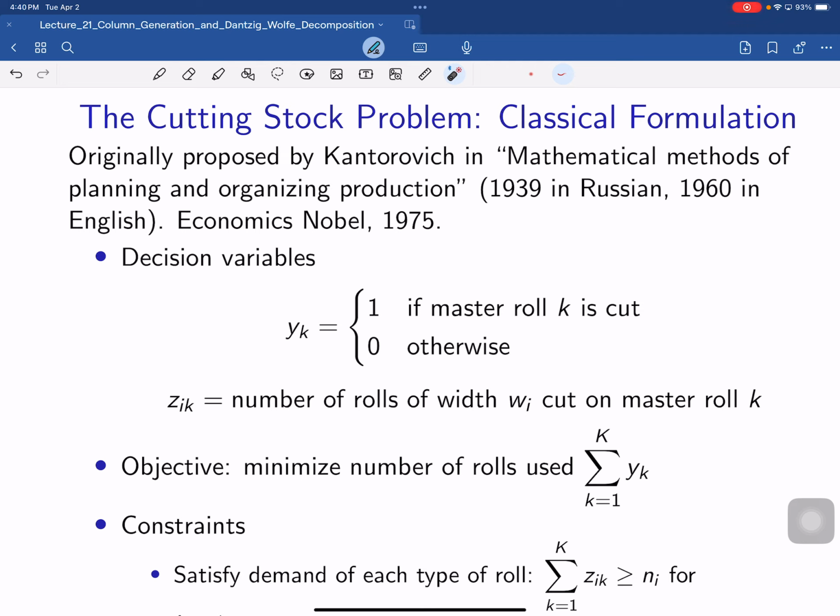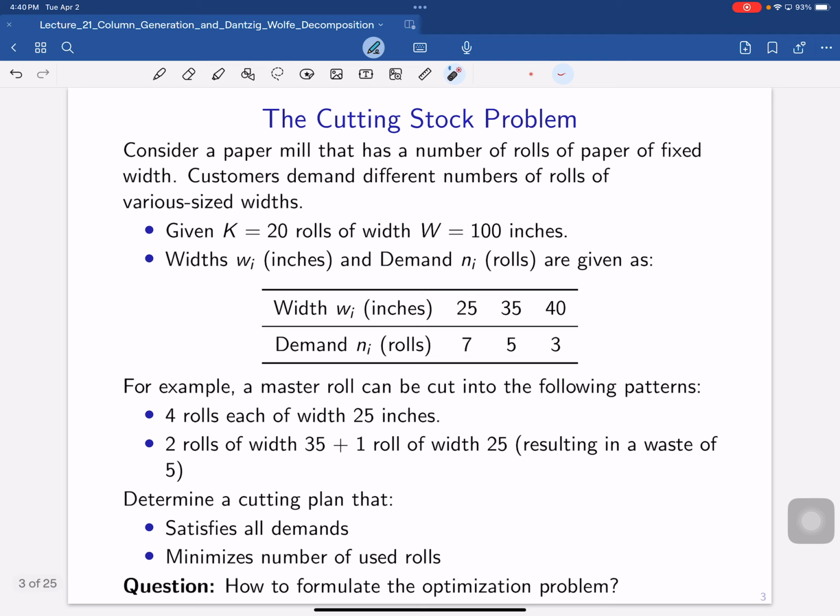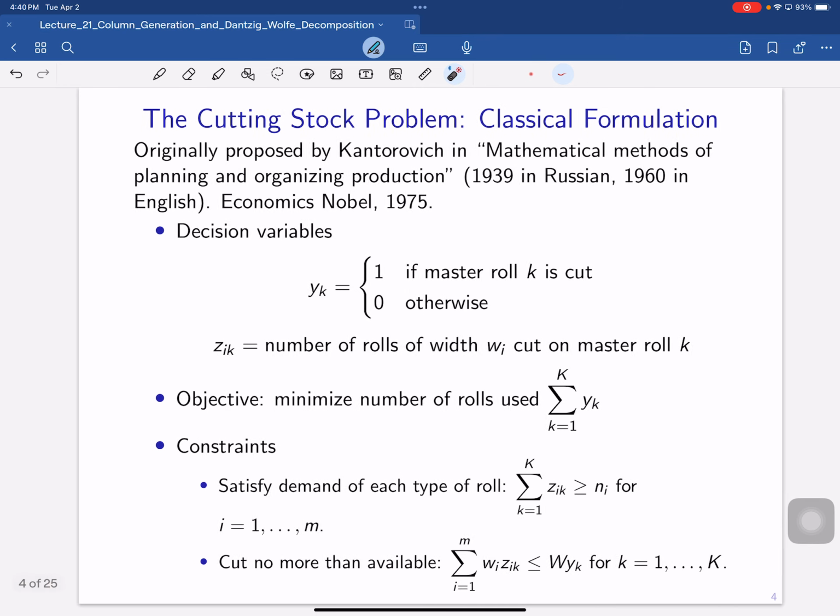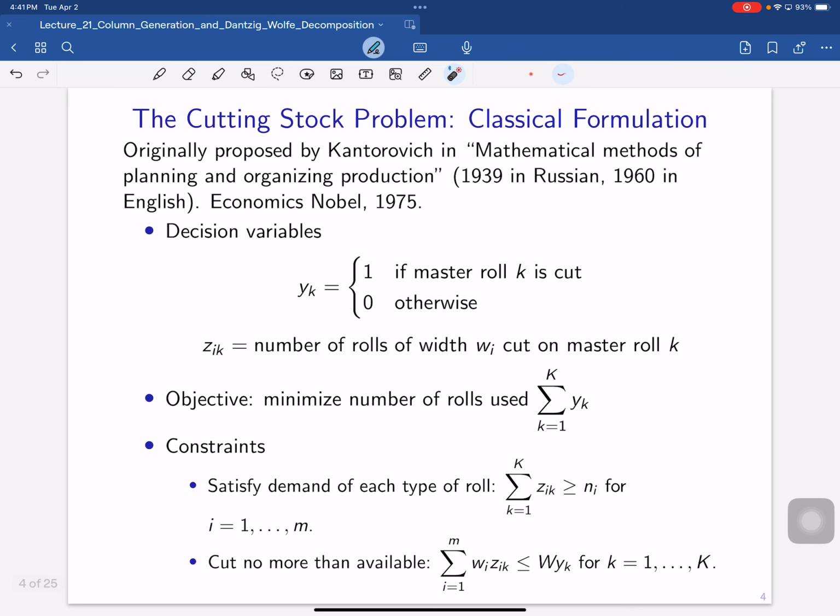So z_ik is an integer variable that says the number of rolls with width w_i cut on the master roll k, right? So for example, in this particular case, z_ik for width 25 equals 4, right? You can get 4 rolls of width 25. So that's an integer number we have.